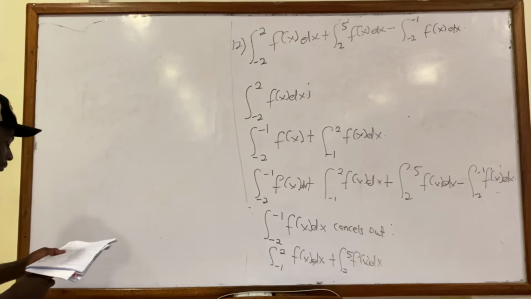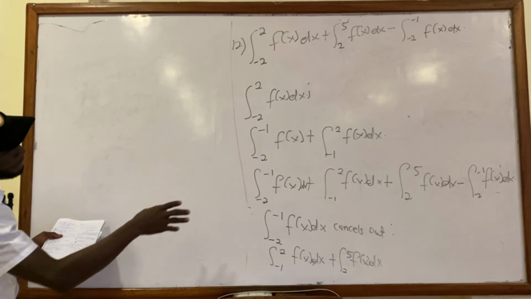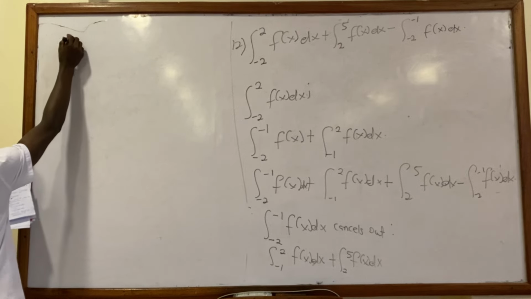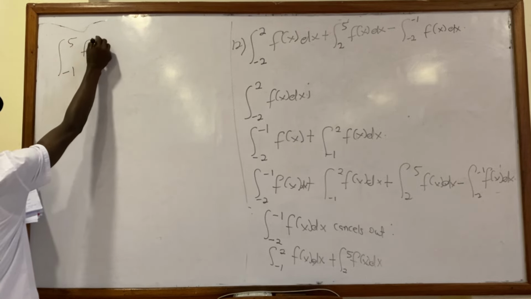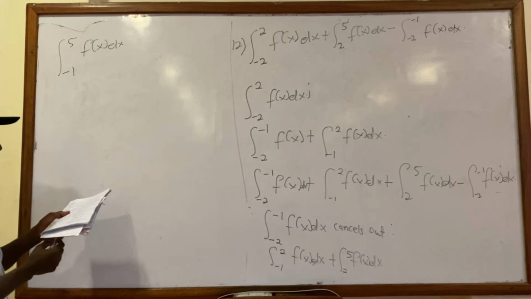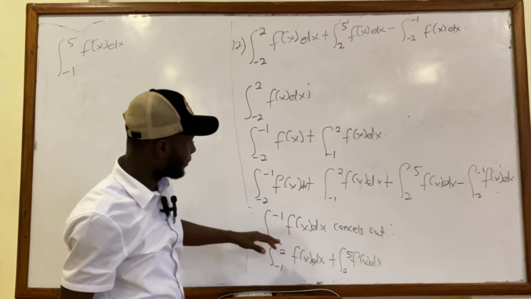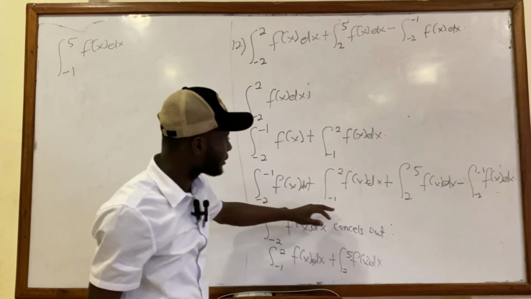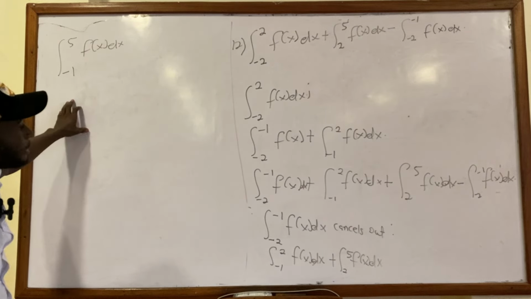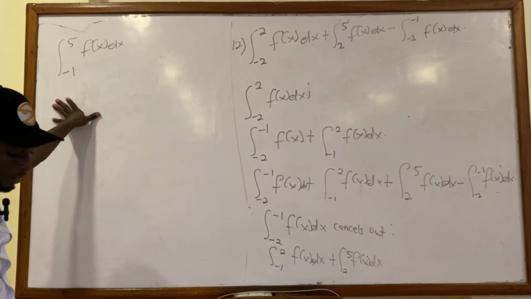So now, combining the remaining integrals, we have -1 to 5 of f of x dx. Because when this cancels out, this particular function cancels out this and this, we are left with this particular function.